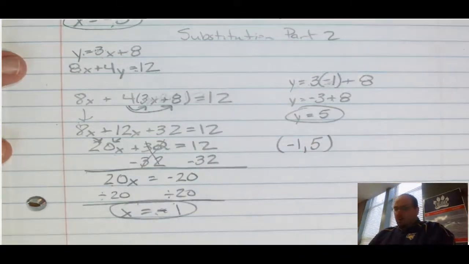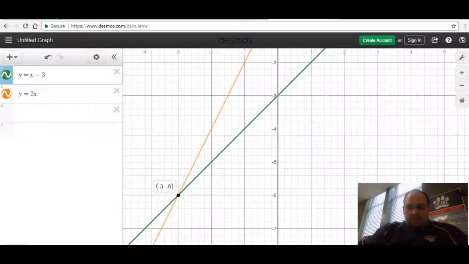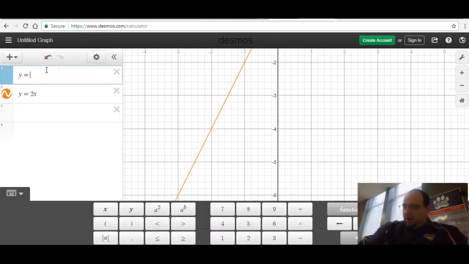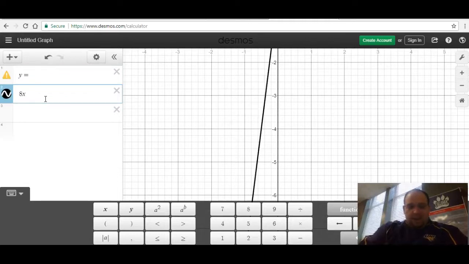Okay, so I can graph that to double check. I'm going to bring up Desmos again. I'm going to put those two equations in there. So I'm going to write y equals 3x plus 8. I'm going to enter in 8x plus 4y equals 12.